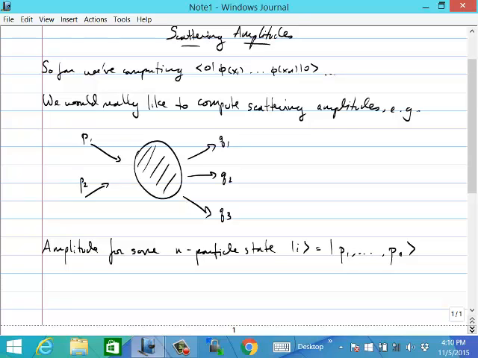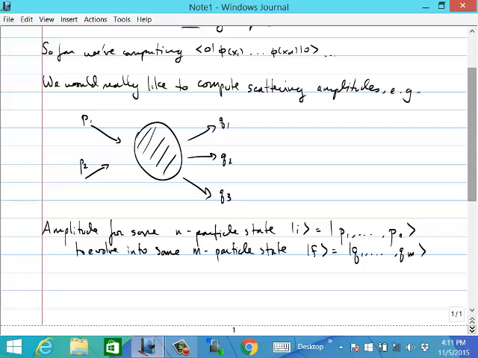And we would like to compute the amplitude for some n particle state to evolve into some, let's call it m particle state, which would be the final state of the scattering process, which would describe a bunch of particles with momenta q1 up to qm, where m was equal to 3 in the example that I just drew there.